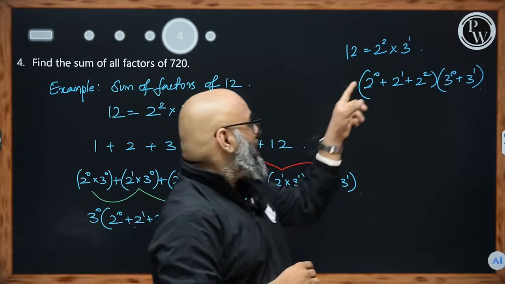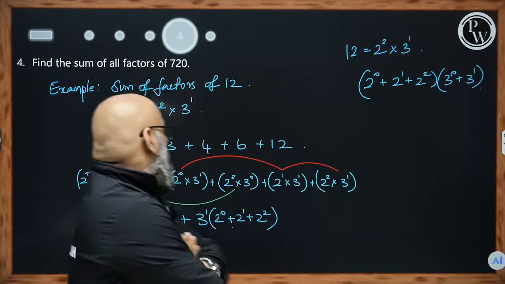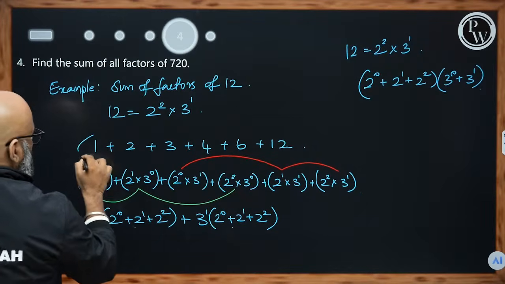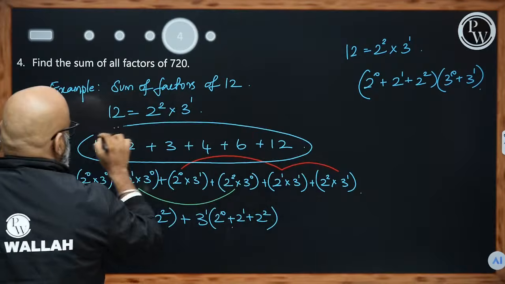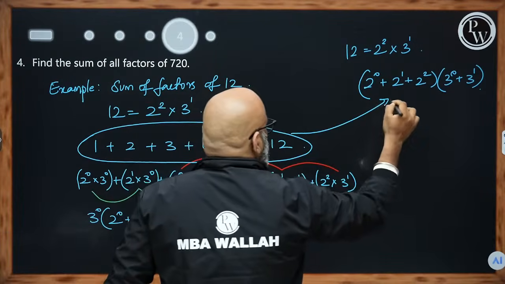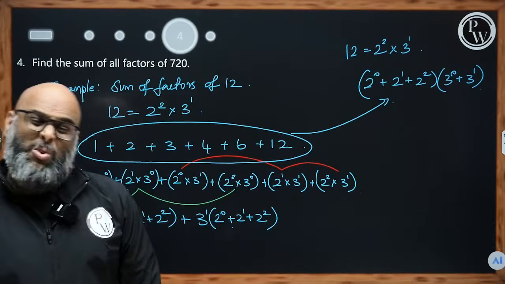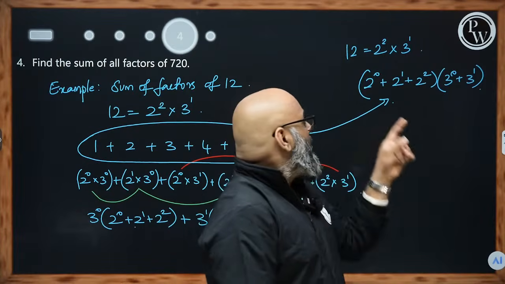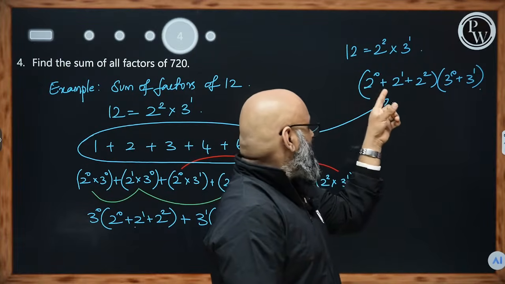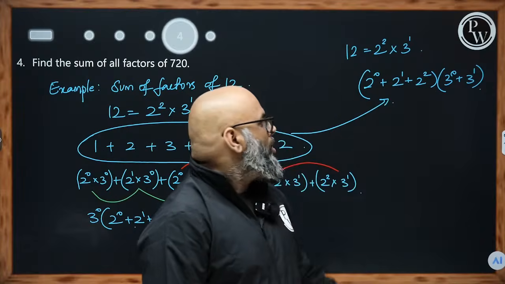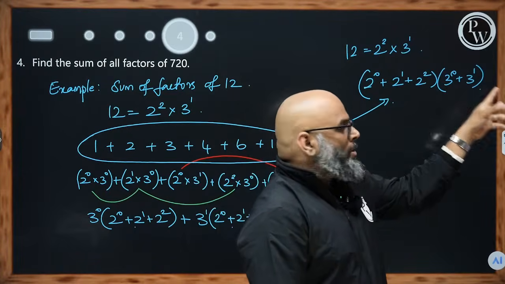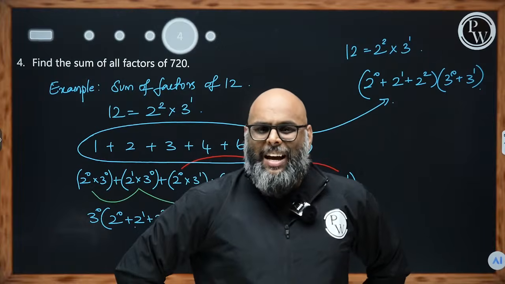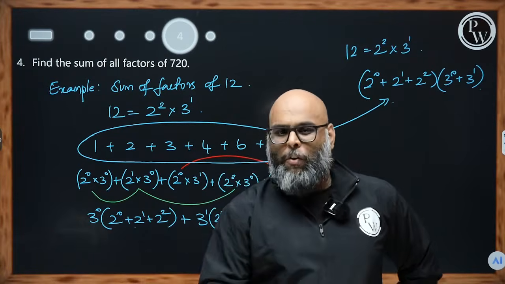Do you see a connection? I've rewritten it to this format. Look at the powers of 2: 2 power 0 plus 2 power 1 plus 2 power 2. 3 power 1 means 3 power 0 plus 3 power 1. Simple.